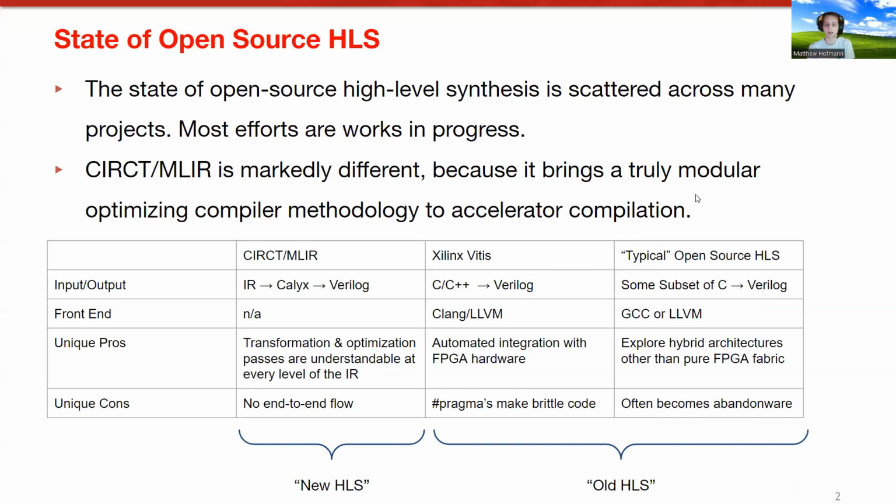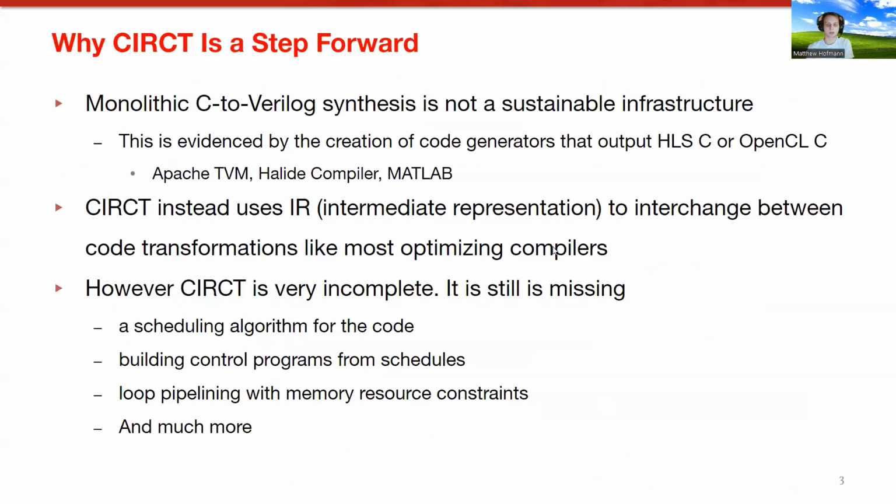On the other hand, with CIRCT, transformations and optimization passes are understandable at every level of the IR, and they're completely separated and interoperable with each other. So really we want to say that monolithic C-to-Verilog synthesis is just not a very sustainable infrastructure.